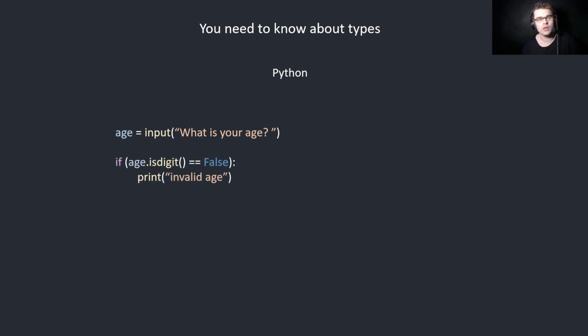So for example, here we have if age.isdigit(). isdigit is a function that only works for strings, and it will return false if there are non-number characters in the string. But why do we need to do this? Surely you should understand, or you will learn, that you can't convert a string into an integer if it doesn't have a number in it.